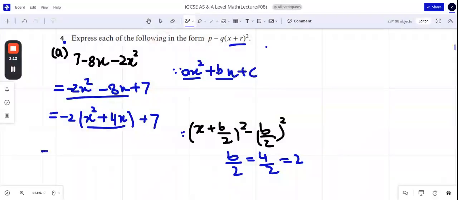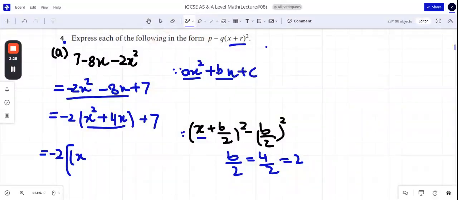So let's substitute in the formula here, 2 into, instead of b by 2 we will just write the value, but x we will keep the same always.